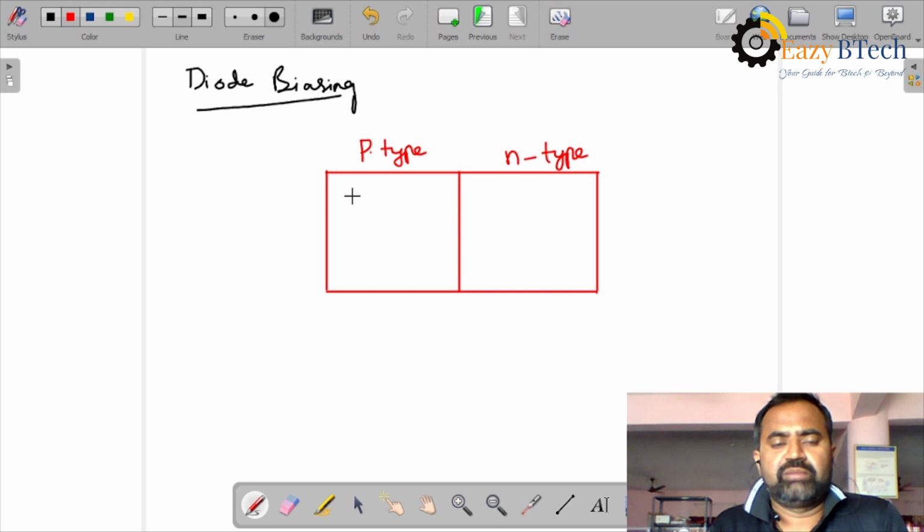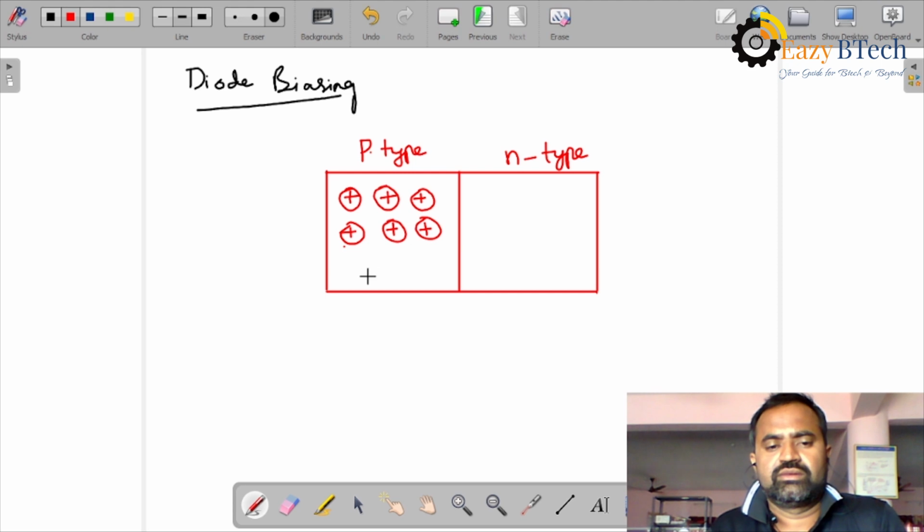Now in a P-type material, majority charge carriers are holes. These are the majority charge carriers. Here, in the N-type, the majority charge carriers are electrons.